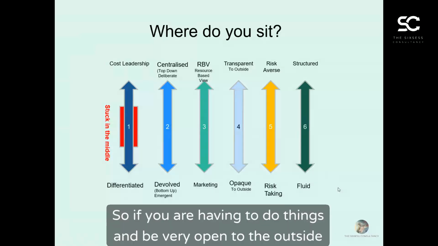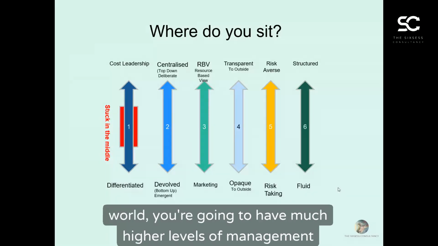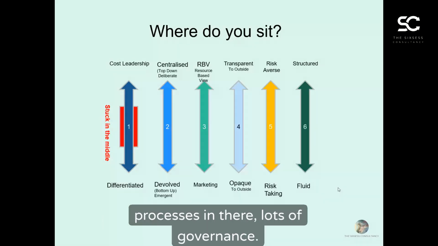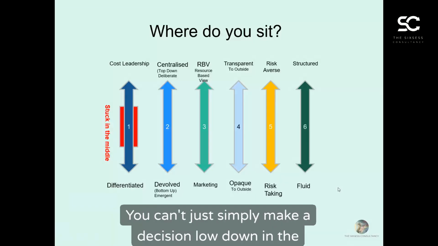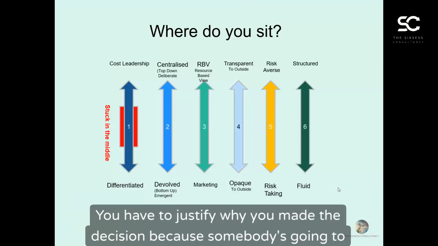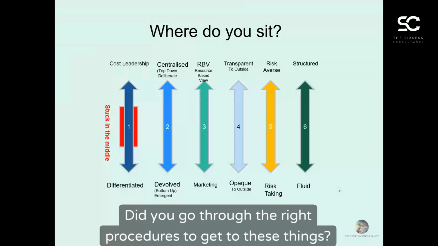If you are having to do things and be very open to the outside world, you're going to have much higher levels of management processes in there, lots of governance. You can't just simply make a decision low down in the organisation. You have to justify why you made the decision, because somebody's going to ask you questions. Did you go through the right procedures to get to these things?